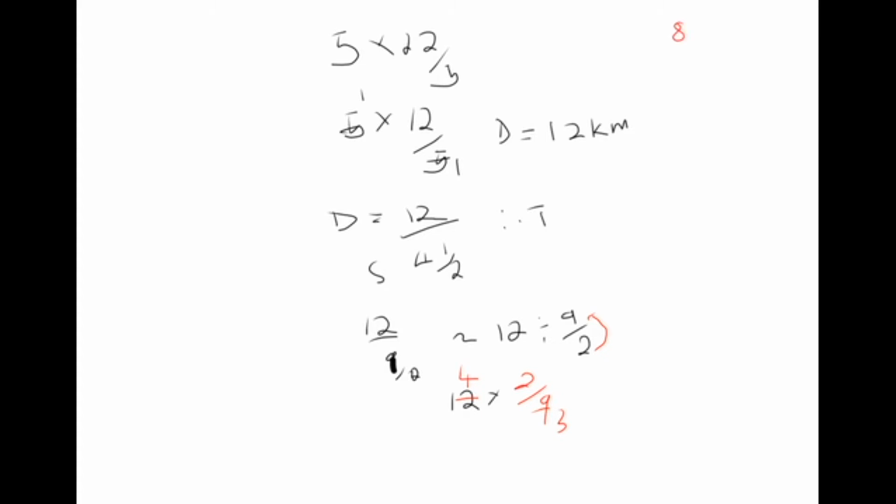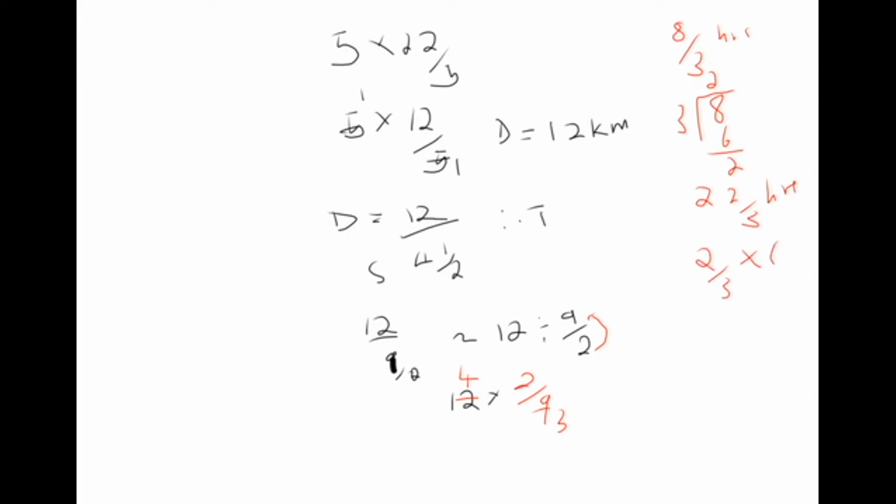8 over 3 hours. 8 divided by 3. This is 2 because 2 times 3 is 6, and 8 minus 6 is 2. Therefore, we have 2 and 2/3 hours. 2/3 hours, let's see, how many minutes?